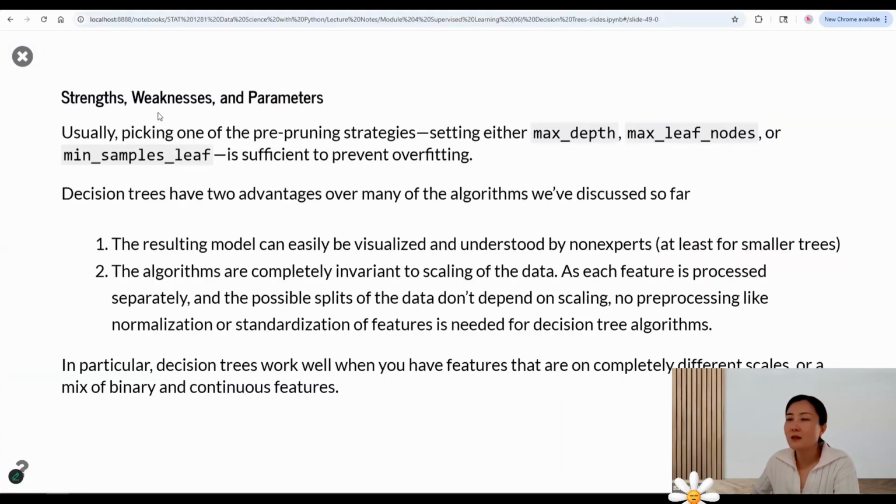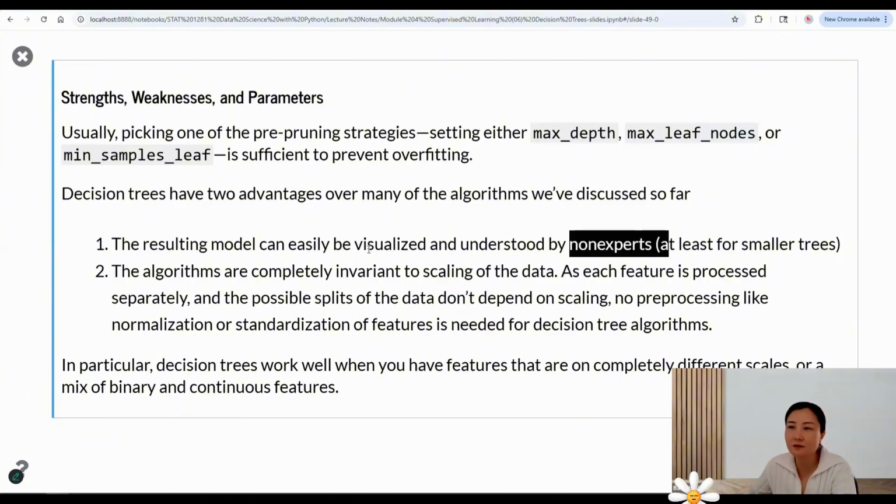This summarizes the strengths, weaknesses, and parameters of decision trees. The advantage is that the resulting model can easily be visualized and understood by non-experts. This is very important, because it's easy to communicate with your users, the customers of your model.